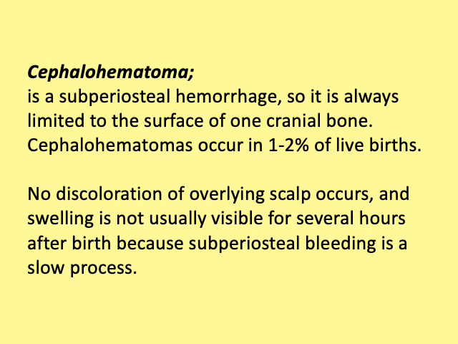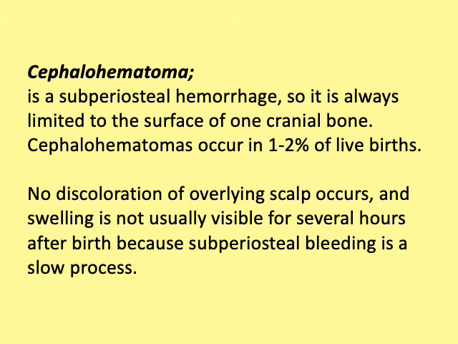The other entity of cranium injuries is the subperiosteal hemorrhage, which is called the cephalhematoma. It is usually limited to the surface of one cranium bone. That's to say, the suture lines are the boundaries of these bleedings, and it is a deep-seated bleeding in between the bone and the periosteum.